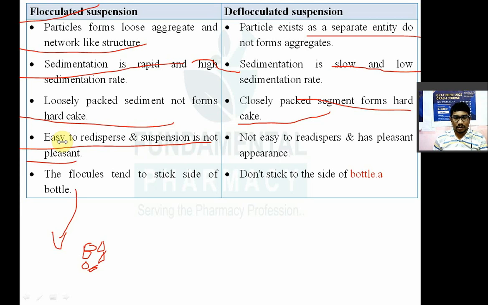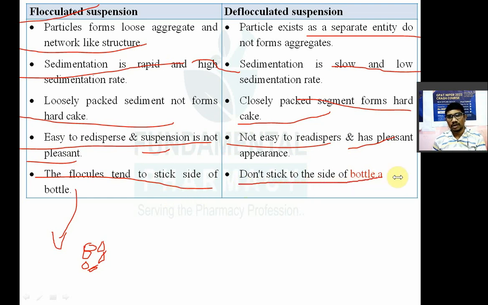The sediment is easy to disperse, but the appearance of the suspension in flocculated is not so good. In deflocculated, once there is particle sedimentation it is not easy to redisperse, but this suspension has a pleasant appearance. In flocculated, the floccules tend to stick to the side of the bottle; here they don't.